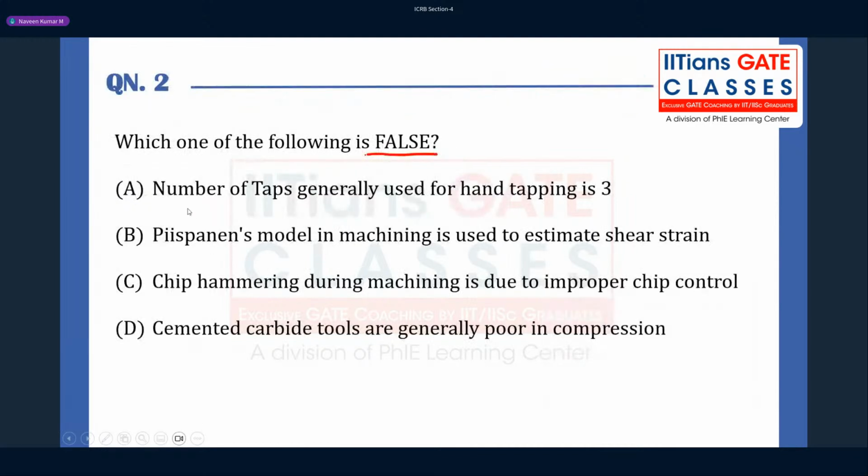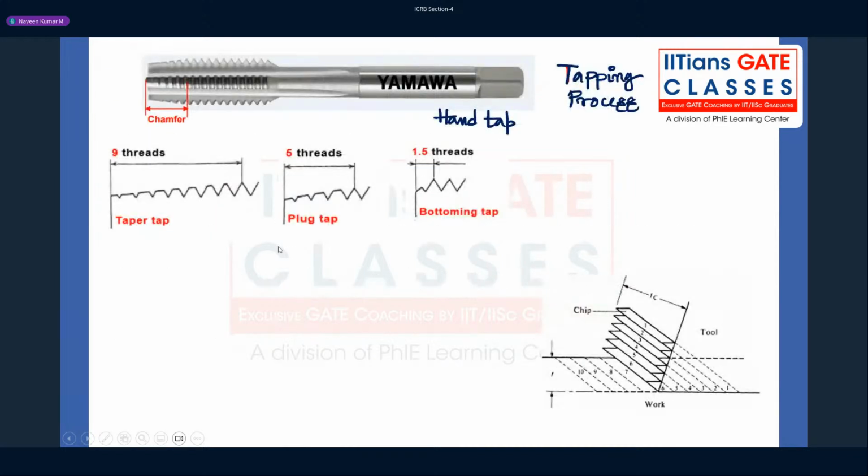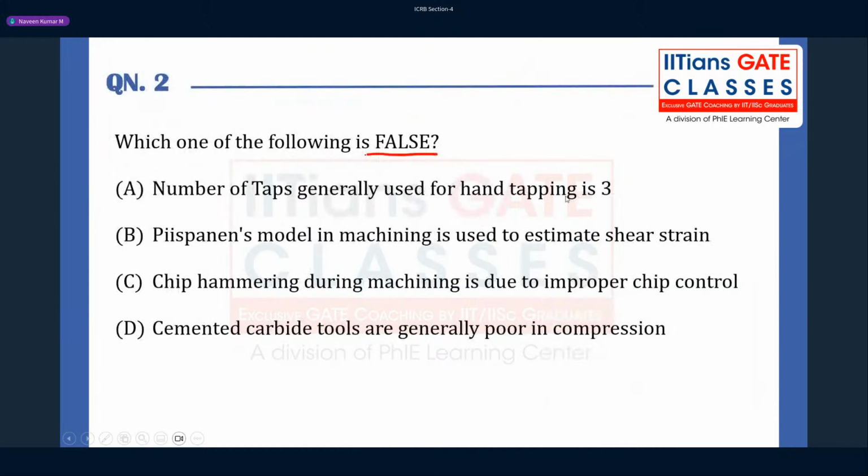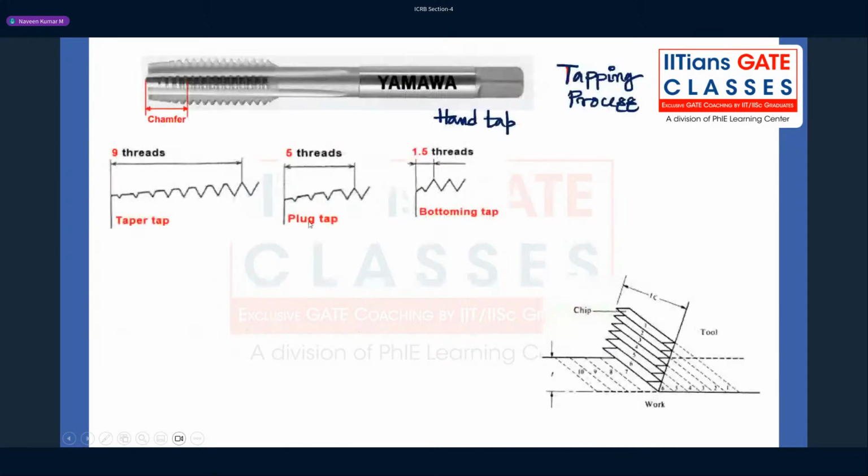It is true that the number generally used is 3. What are the 3? Taper tap, plug tap, and bottoming tap. That is the reason why this is right. But we are going in depth and discussing these 3 different types, because maybe they'll ask in the next question what is the speciality of plug tap, taper tap or bottoming tap.